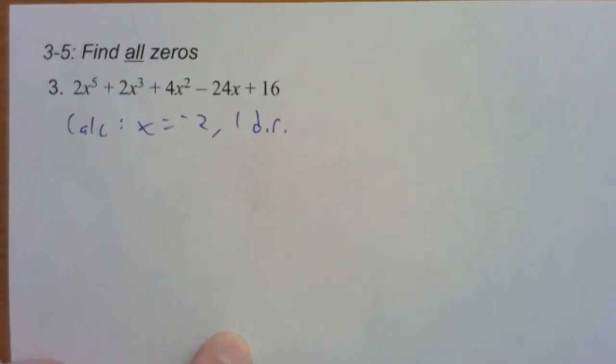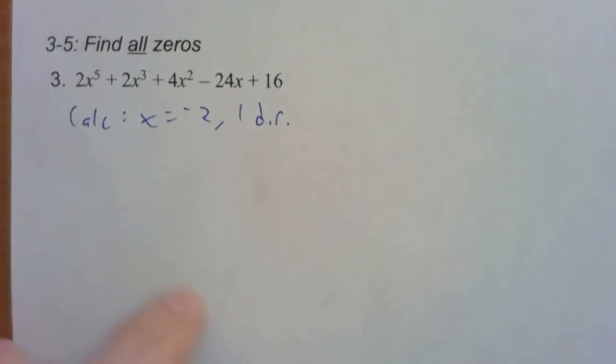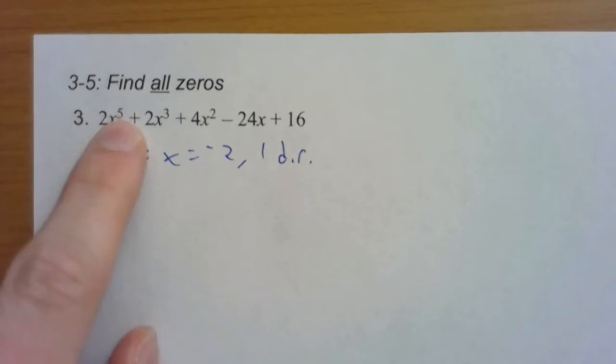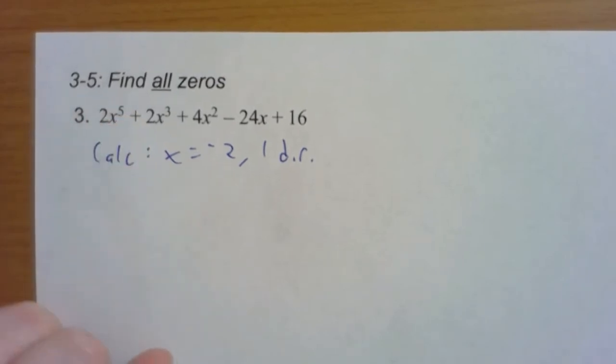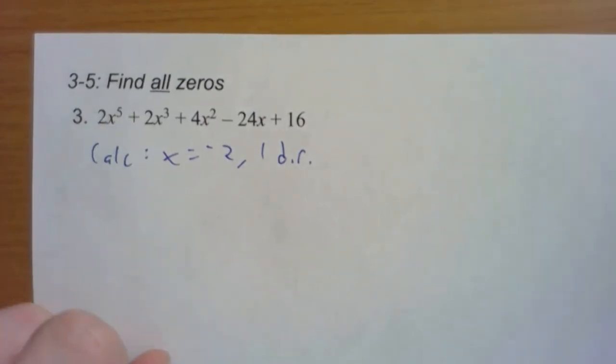And in fact, there have to be. Right? There's something called the fundamental theorem of algebra that says if we're looking at complex numbers too, the degree is going to be equal to the number of zeros. Before we said the degree was the maximum number of zeros. Like if you've got x squared, well, you might have 2 zeros, you might have 1, you might have none. But now if we think about complex numbers, if it's x to the 5th, we have to have 5 zeros.